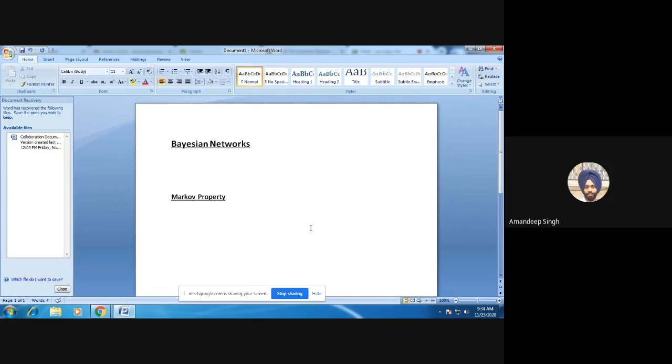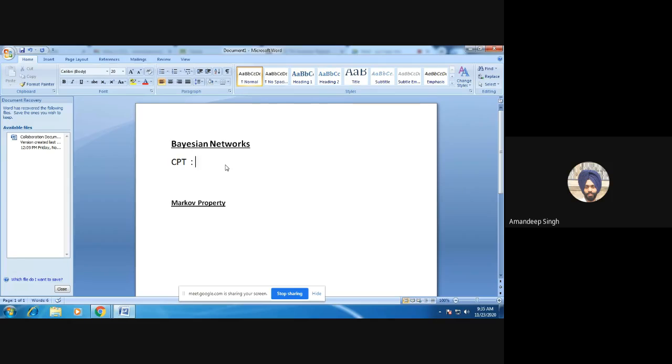I think we were discussing in the previous class Bayesian networks, and it will take one or two lectures to complete it. In the Bayesian networks, we were previously discussing CPTs, that is conditional probability tables. One example also we discussed.